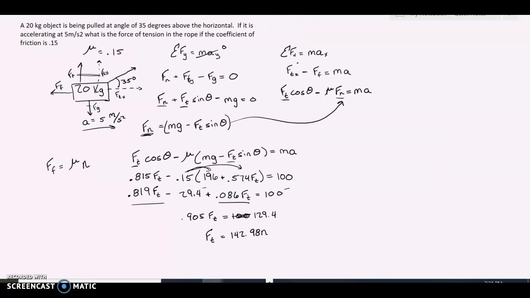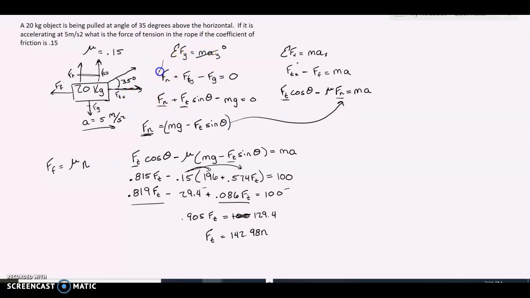So let's zoom out a little here. So this is the problem we just did. This is a little bit more complicated than what we'd probably see on the midterm, but it is a good problem to show how we break down angled forces. We break them down into the x and into the y, and then how we use that to find the answer.